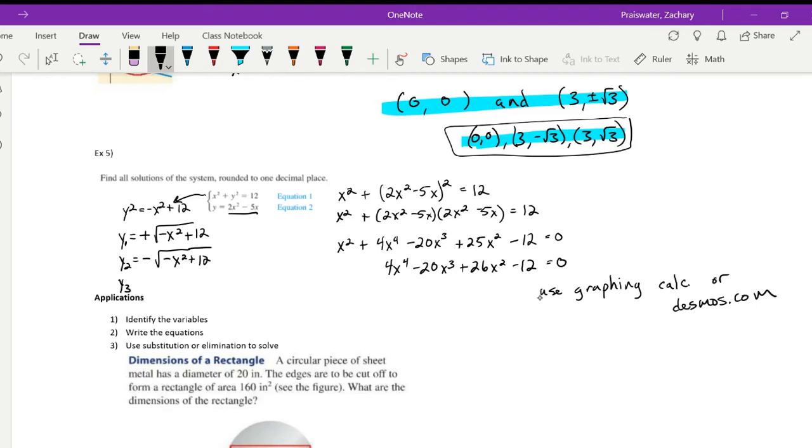And then y3 is equal to 2x squared minus 5x. Now, unfortunately, I don't have a graphing calculator. I can show this to you. But when you type all those in your calculator, if you hit second and then calc, there's an intersect command you can do to find where the graphs intersect.